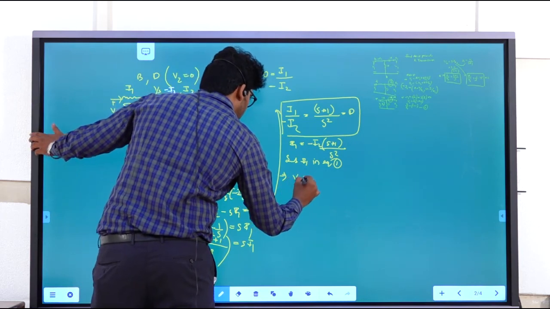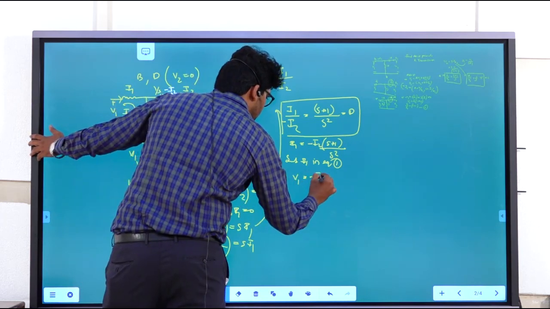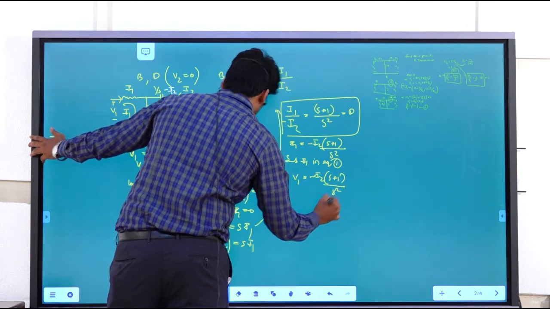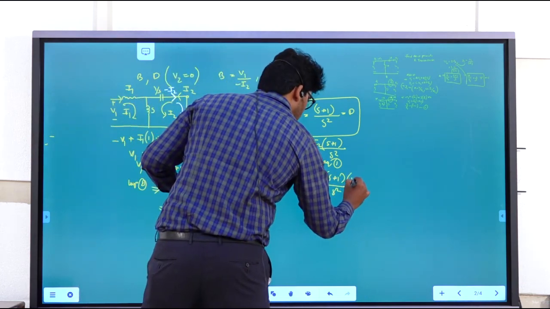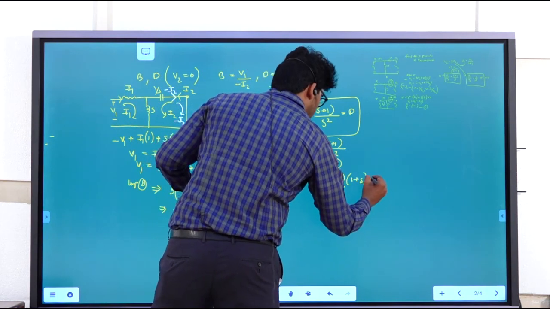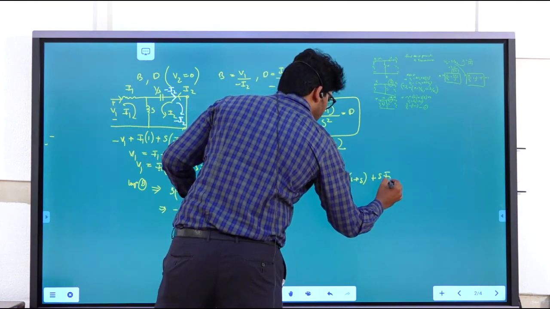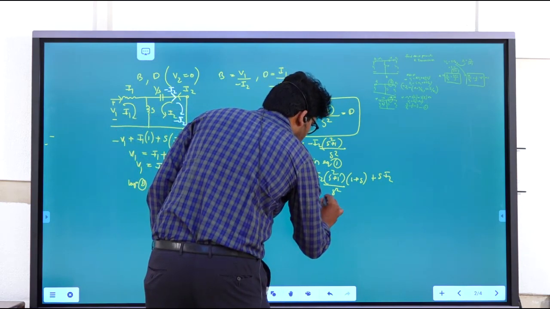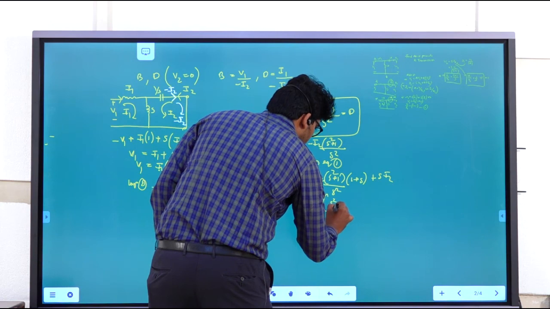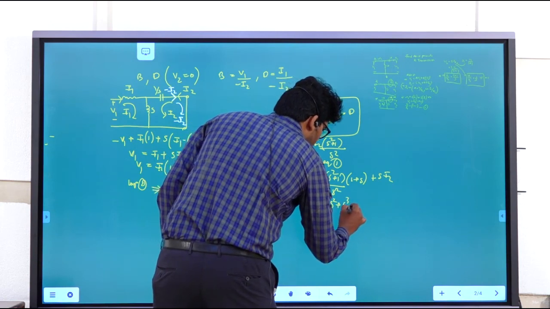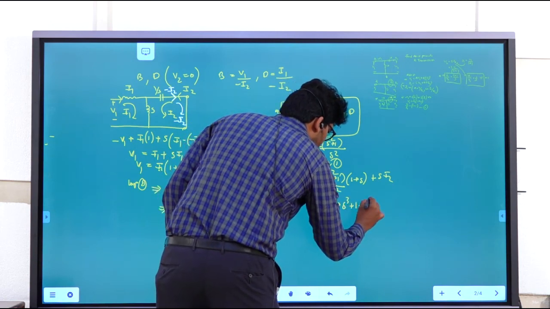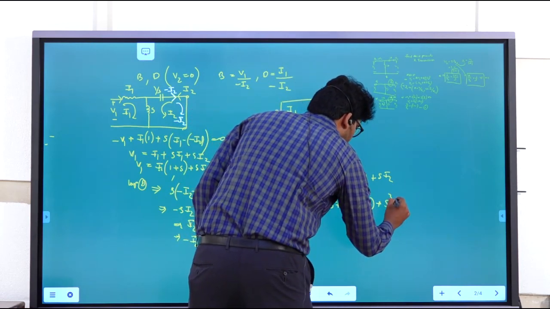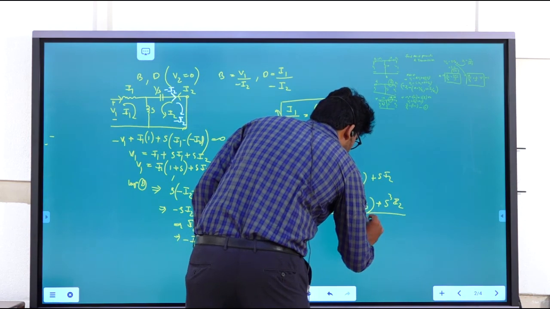So V1 equal to minus I2 into S plus 1 divided by S square, into 1 plus S, plus S into I2. Therefore you will get minus I2 S square plus S cube plus 1 plus S plus S cube I2, by S square.